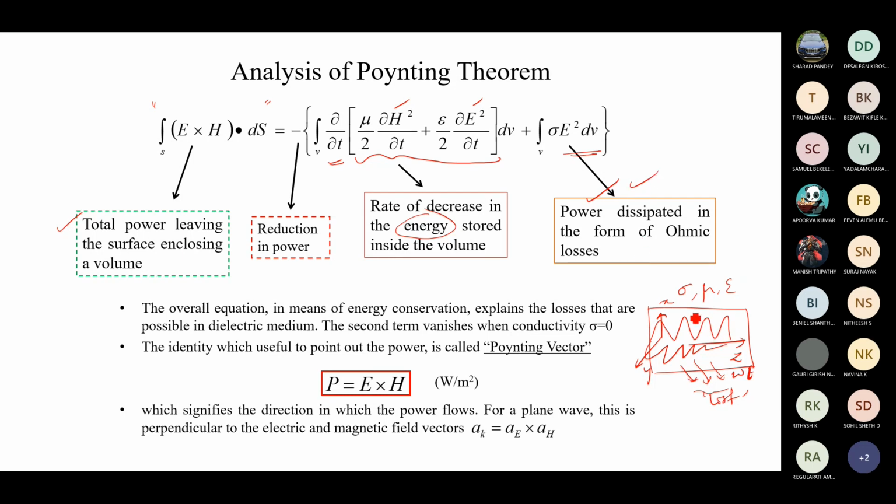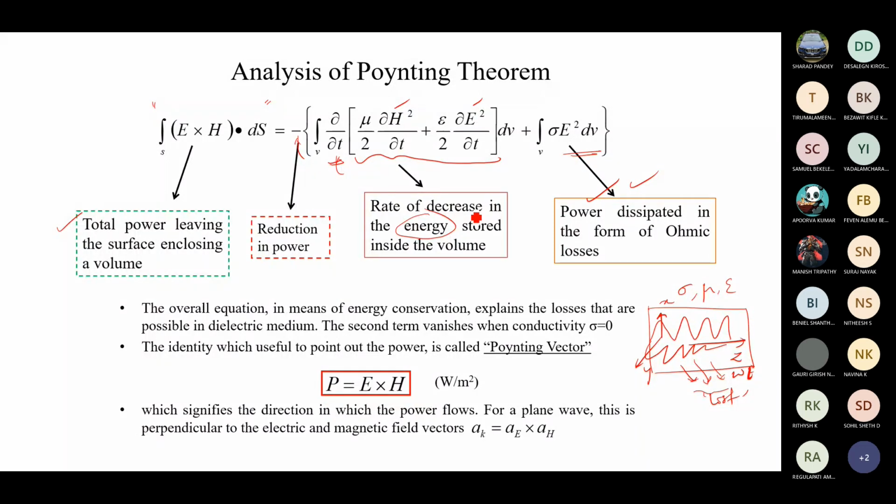And on the other hand, with respect to the electric and magnetic field, the energy will be stored at a given rate. That is what is described here. And the negative term describes that this power will keep on decreasing all the time. So this is the meaning of that. By adding these two terms, we will get the total power, and that gives a very good description of the law of conservation.